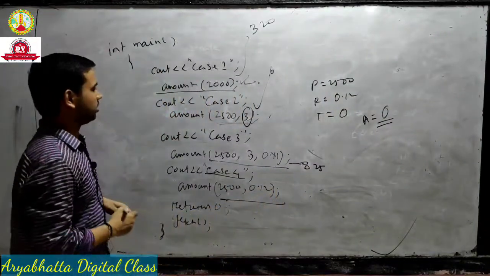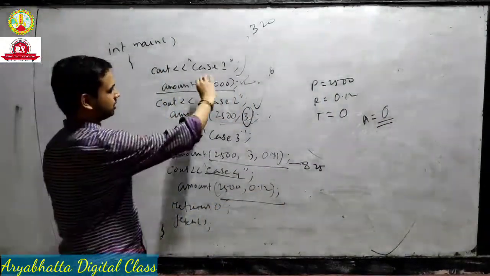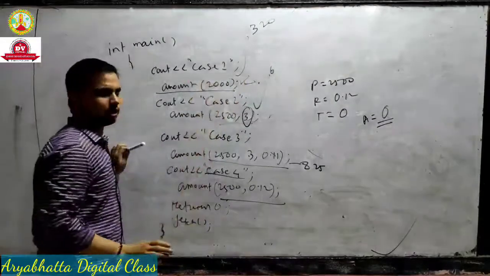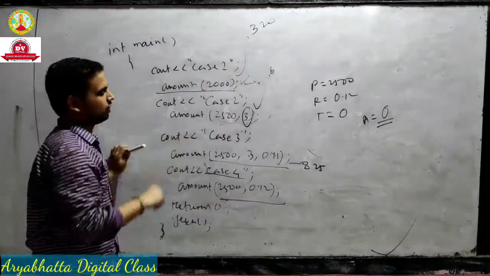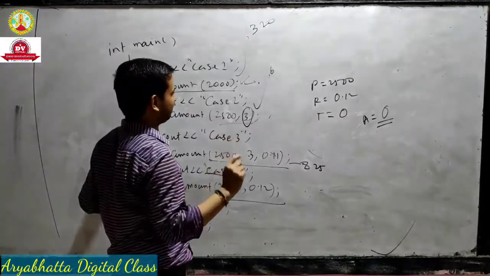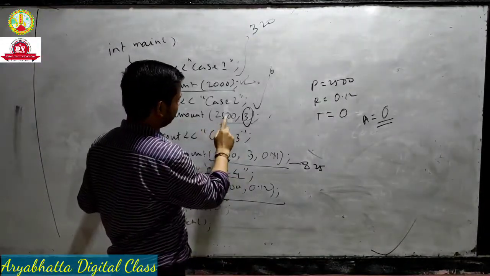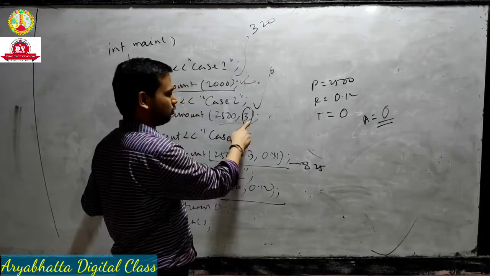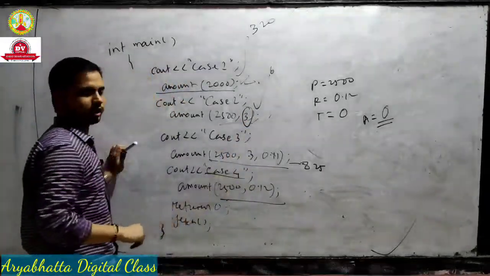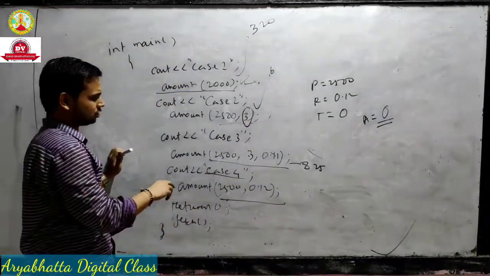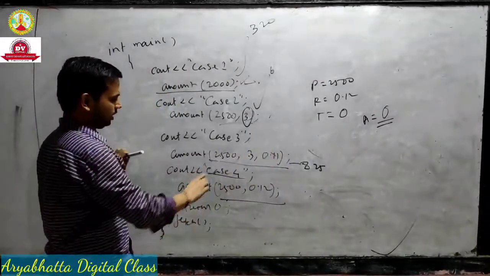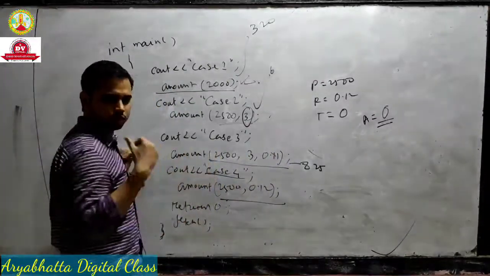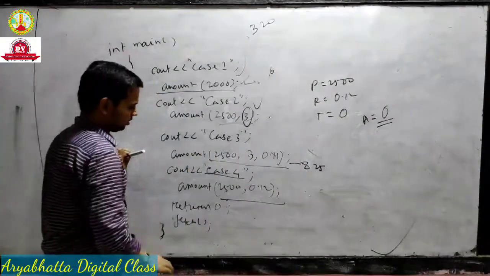I tell you again from the beginning. In the first case only the principal value is given, so rate and time are taken as default arguments: time 2 and rate 8%. The second case is principal and time, and we take 8% as the default argument for rate. In the third case all values are given, so we just multiply. Here I take 2500 but the book has 2300, same thing.